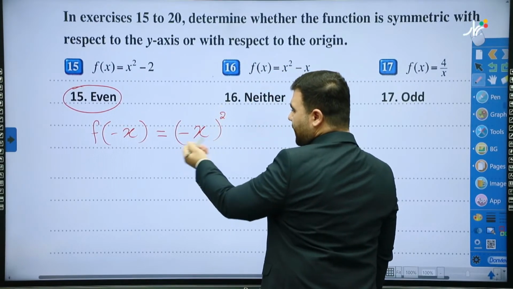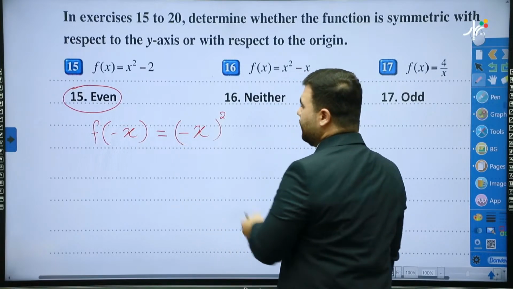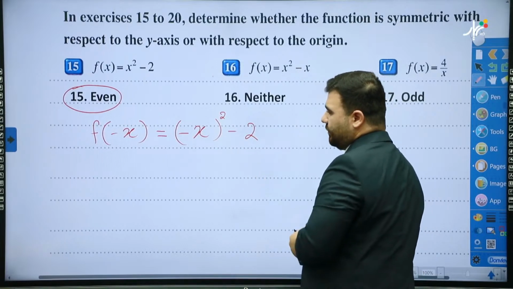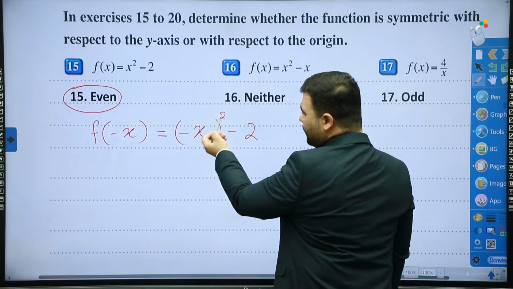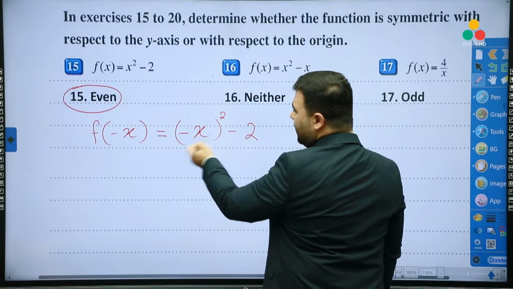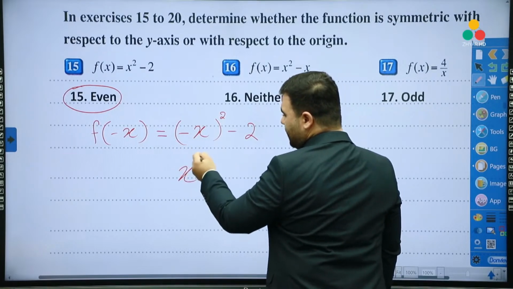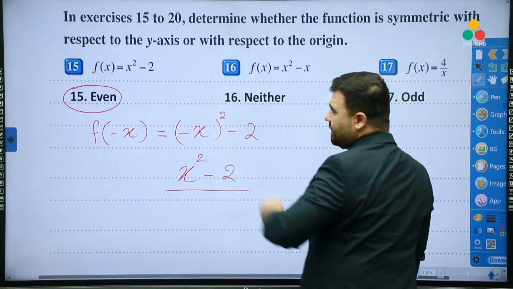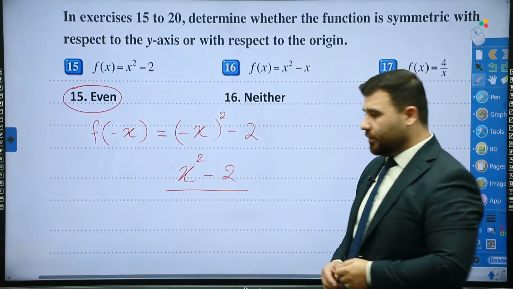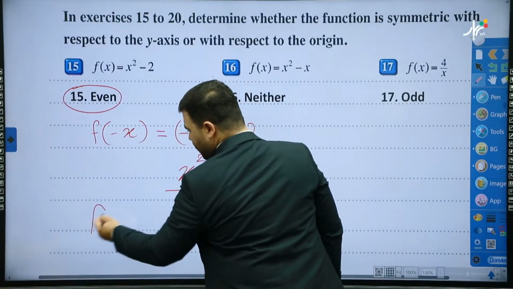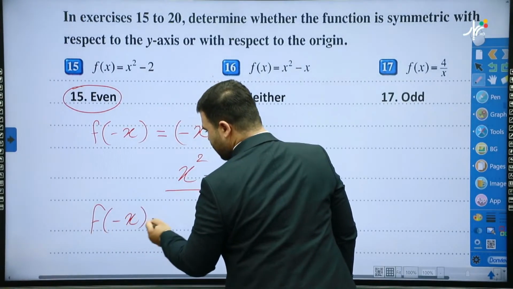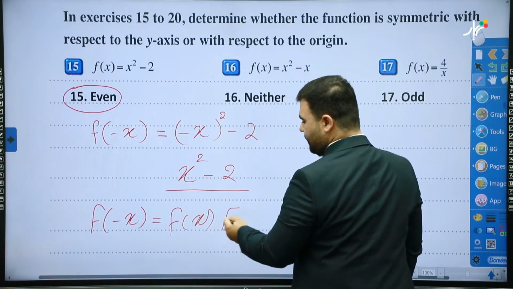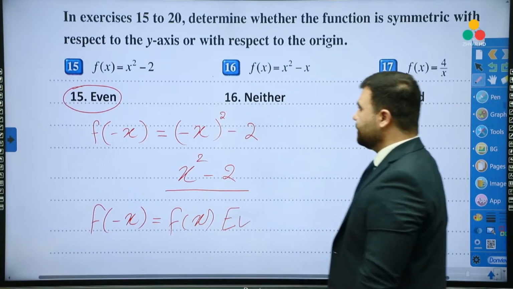Don't forget to use brackets for every negative term or number, minus 2. 2 has no x, then this negative doesn't affect 2. Now we know power 2 cancels negative. Negative x power 2 is x squared minus x. Compare, do we have the same fx? Yes, we do. Then since f of negative x is equal to fx, the function is even.